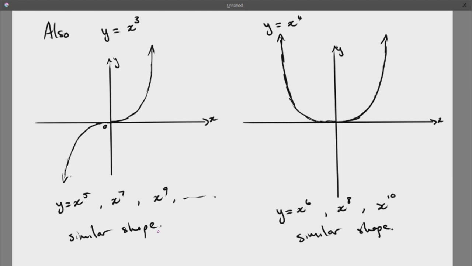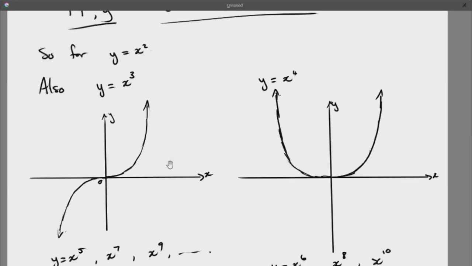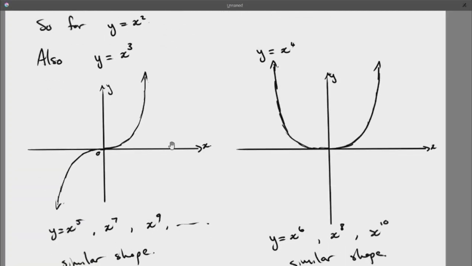And as a result, we don't really bother with the higher powers when they do have the same shape, and there's no real benefit in this transformation topic to worry about all of them. So we'll include these two as more basic functions on top of the one we already have.